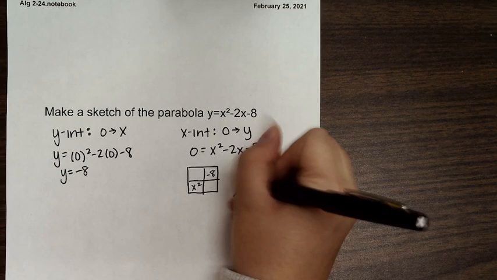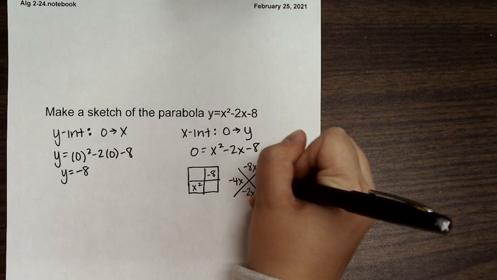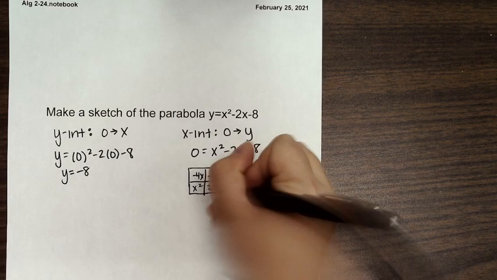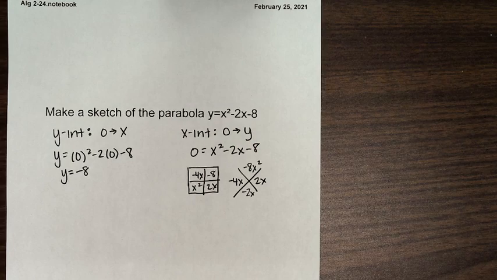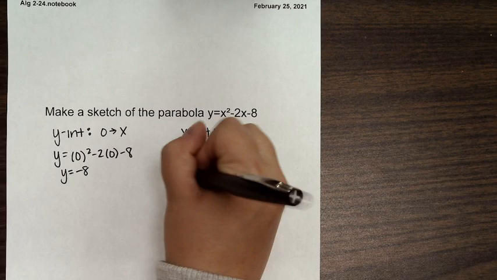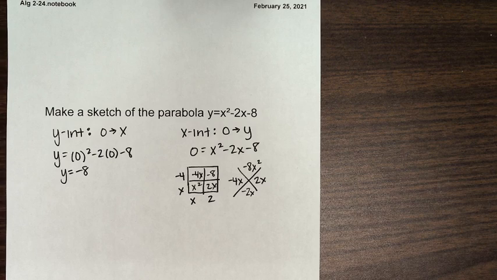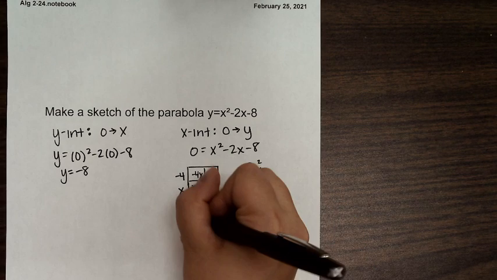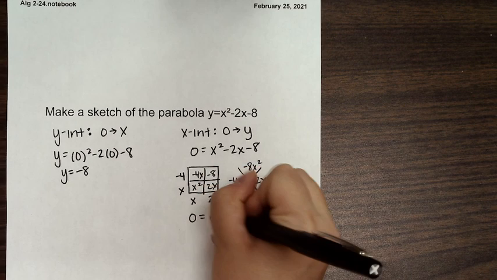So we have a negative 4x and a 2x. And then we can fill out the outside. And now we're going to take this sum up here and change it into our new product.